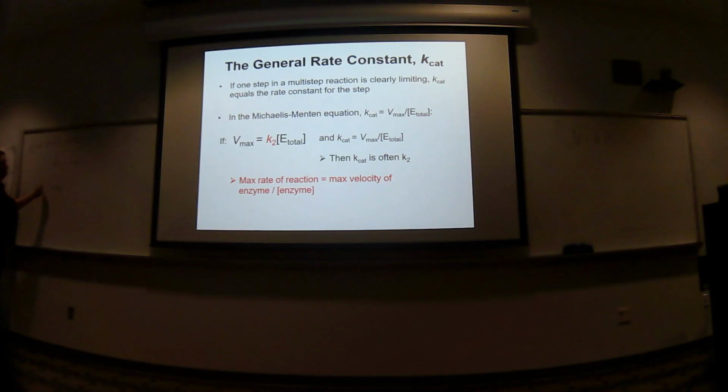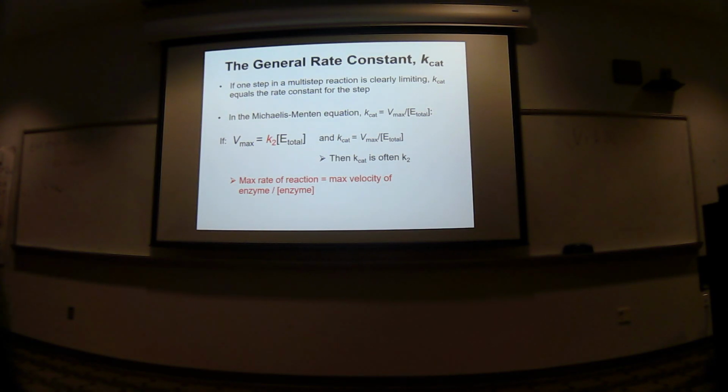Vmax. Right. Vmax. And when ES is maximal, it is equal to E total. That's it. You got it, guys. So Vmax is equal to the rate multiplied by E total.